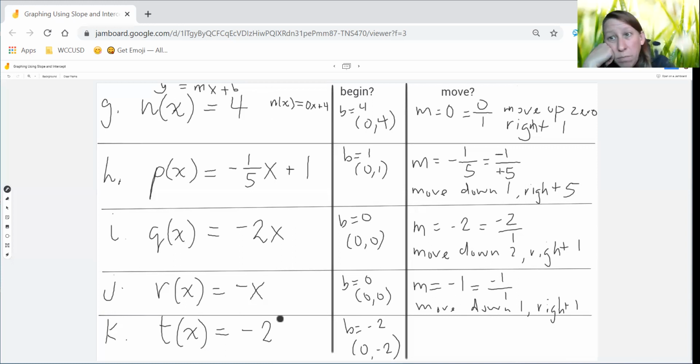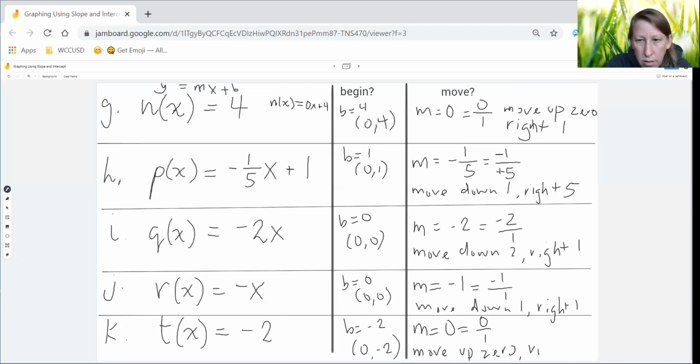And we can begin by graphing down 2 on the y-axis. Okay, so what's the slope? Well, there is no x. So the coefficient of x would be 0. And this is like the one we started with. 0 is the same as 0/1. So we would move up 0 and right 1.